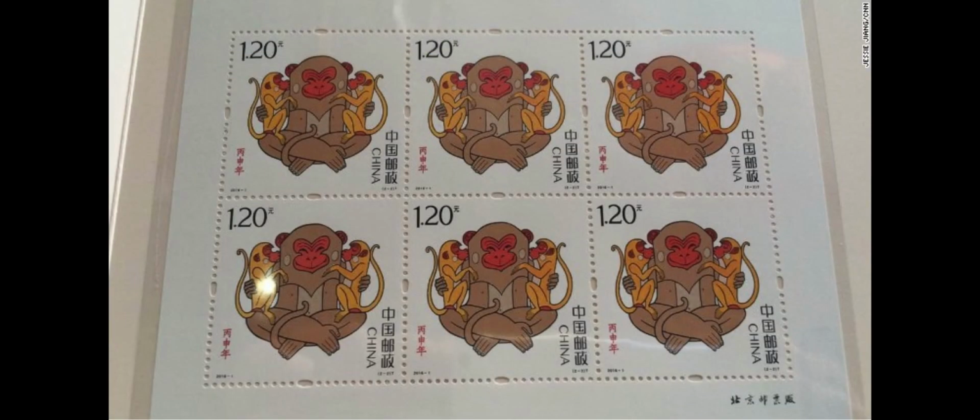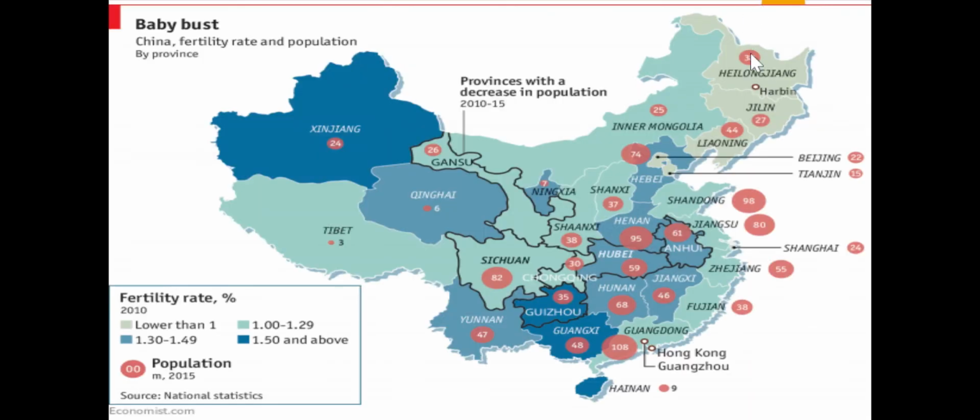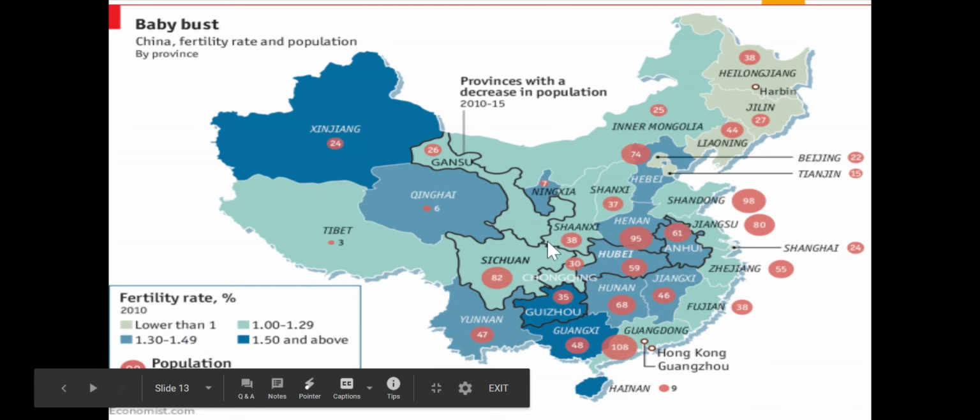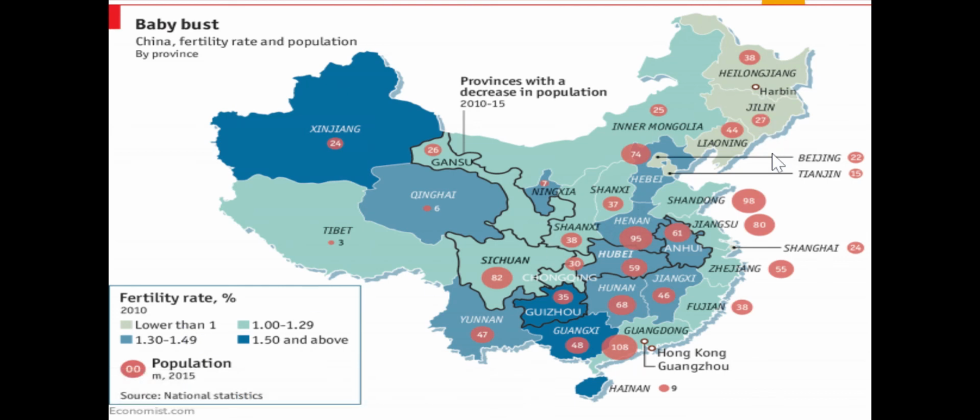This is a very recent stamp from China that came around at the time of the loosening from the one-child policy to the two-child policy, and you can see the message here. And then this is a map of fertility rates within China. You can see a lot of the country, especially in the northeastern part but along the coast as well, having really, really low fertility rates.